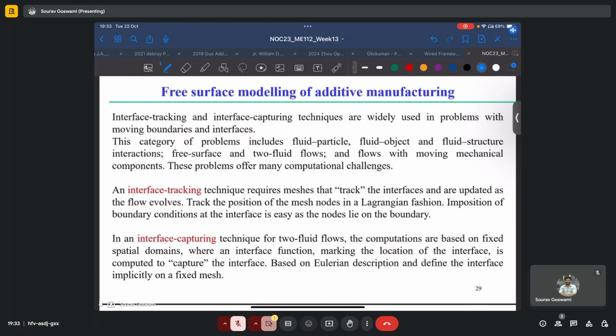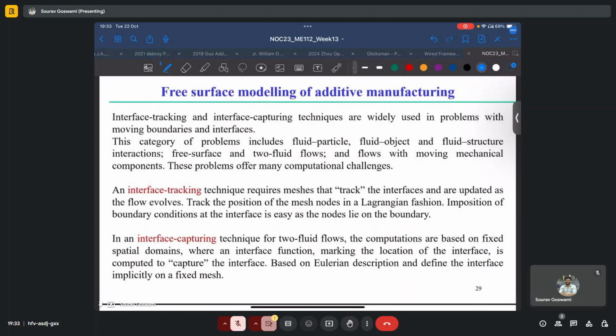If we have a fine enough grid, we can actually come up with a reasonable estimate of the curved surface. This is based on the Eulerian description, that is, we are fixed in space and we are just watching the interface evolve past us. We are not really moving with it, and it defines the interface implicitly on the fixed mesh.